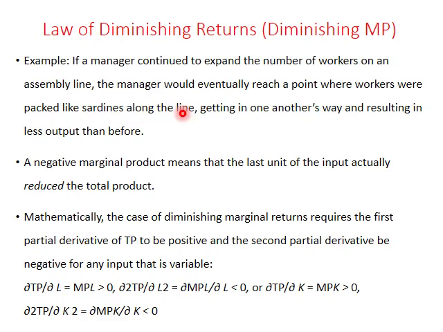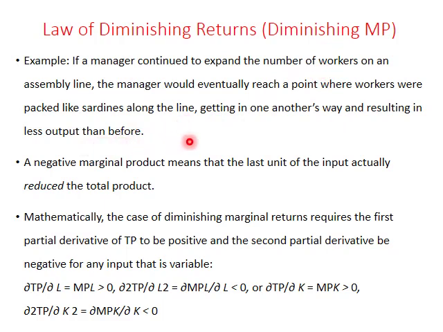They cannot work effectively because of the crowdedness, getting in one another's way and resulting in less output than before. As the manager adds more and more workers, ultimately the output decreases.